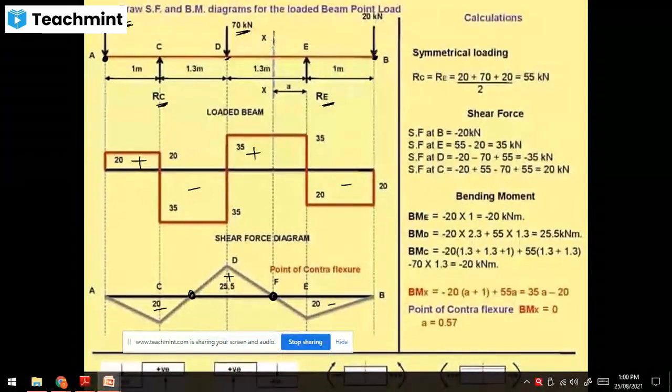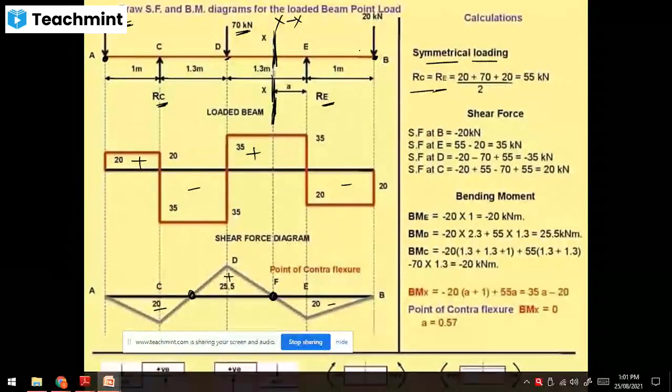So we will take the section here, that is the XX section. As it is symmetrical loading, RC is equal to RE. So 20 plus 70 plus 20 divided by 2.